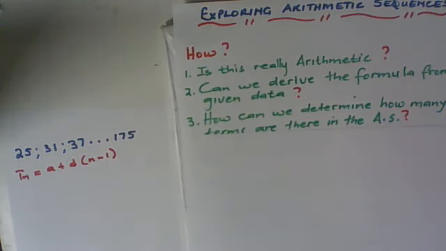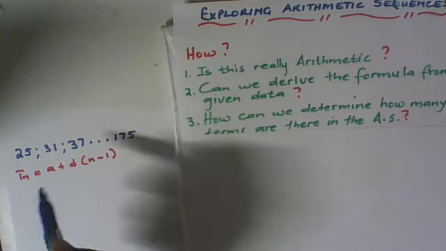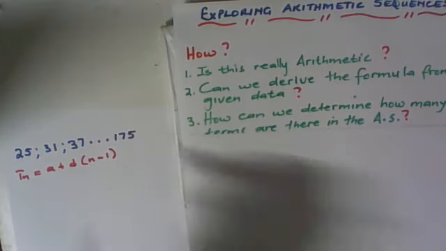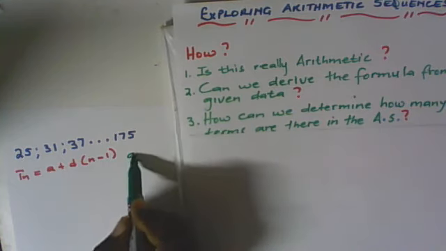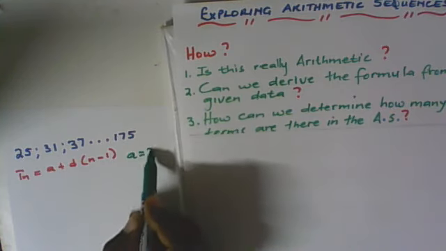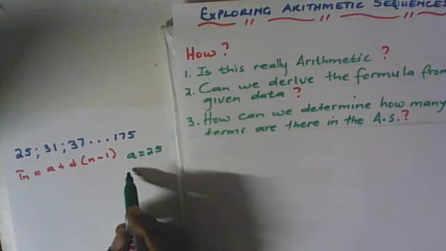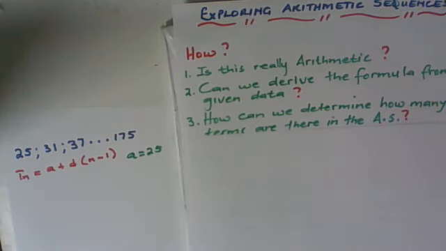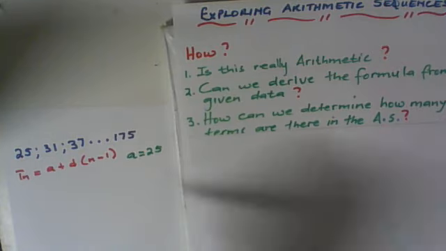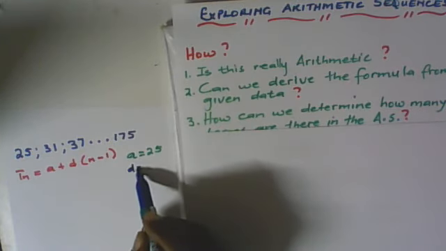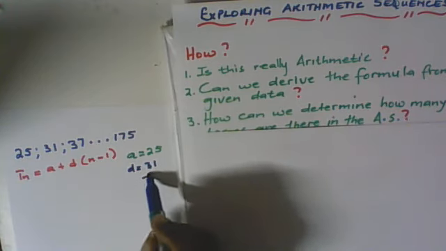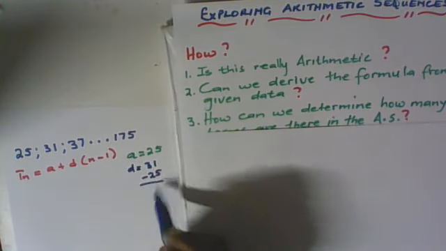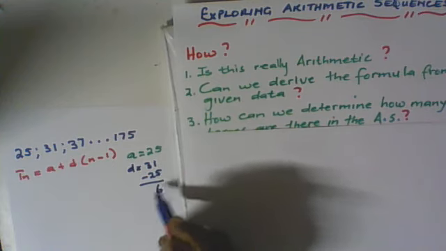Now, in this case, let's check. Our A is equal to 25. And what about our D? Our D is equal to 31 minus 25, and that gives us 6.